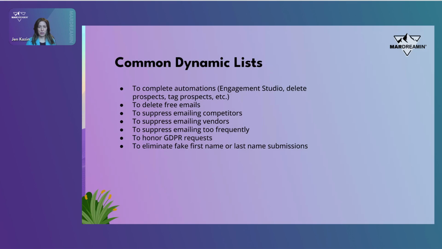Like I said, of course, you're going to use a dynamic list to send an email, but you can also use it to complete automations, like use it in your engagement studio, use it to delete prospects or tag prospects. Maybe you're going to create a dynamic list to delete free emails or to suppress competitors or vendors, right? So there's many reasons why you use dynamic lists.